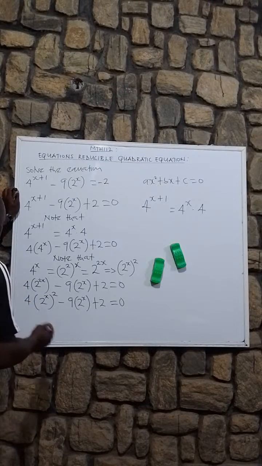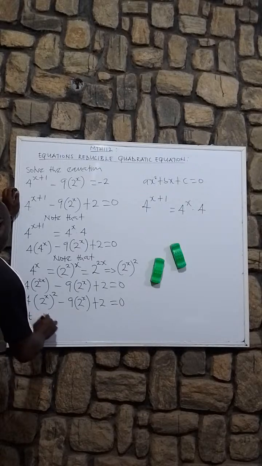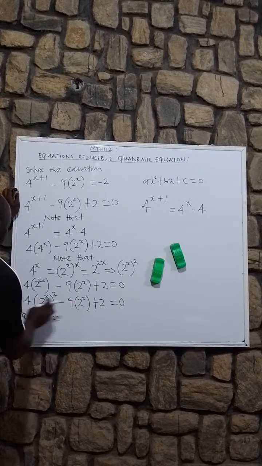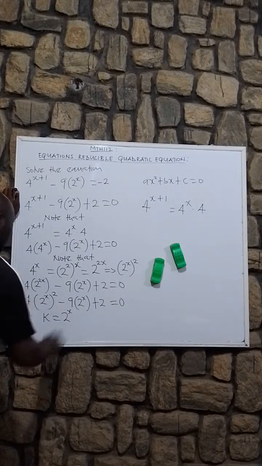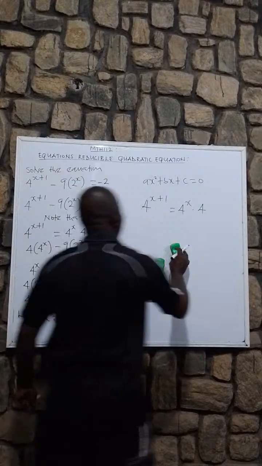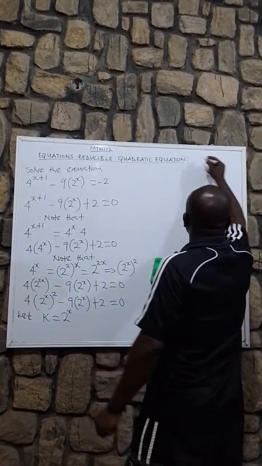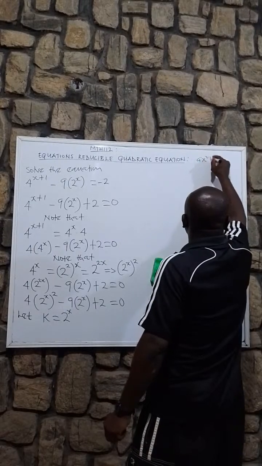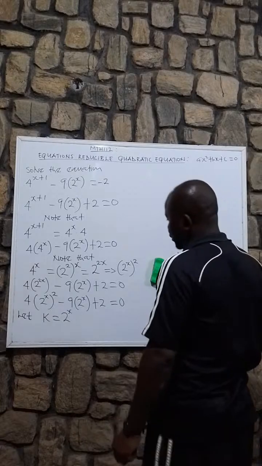So let's go with K. We now say let K be equal to what is inside this bracket. What is inside? 2 raised to the power of x, right? Okay. So if you agree with me, because I want to reduce it into this form, ax squared plus bx plus c equals to what? 0.